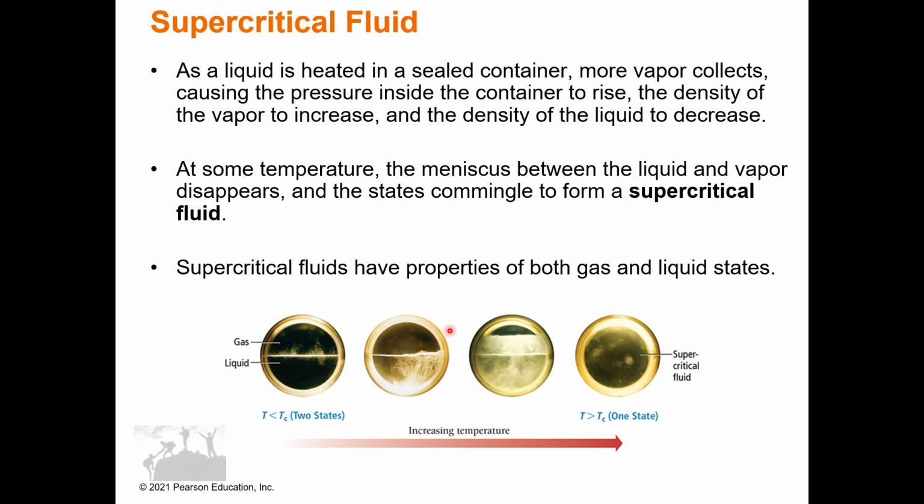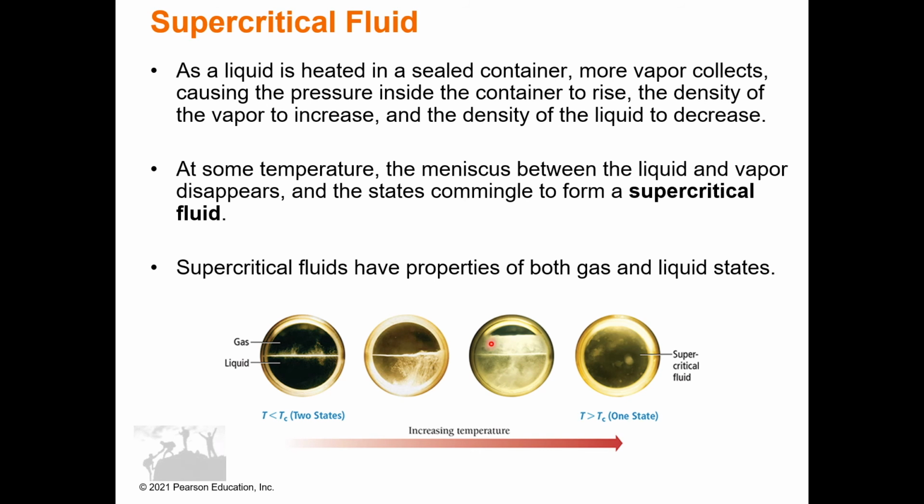Now the density of the gas is going to increase because we're making more vapor, and the volume of this container stays constant. At the same time, the density of the liquid will decrease.